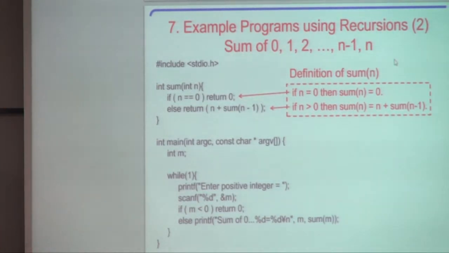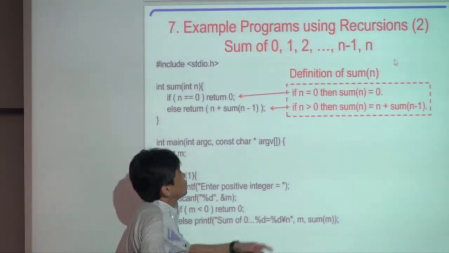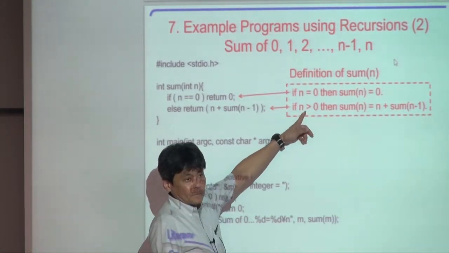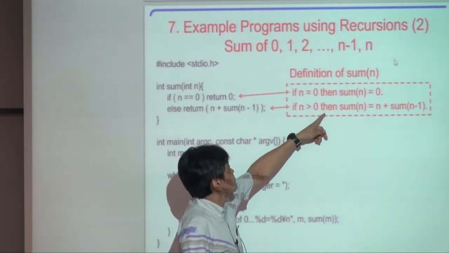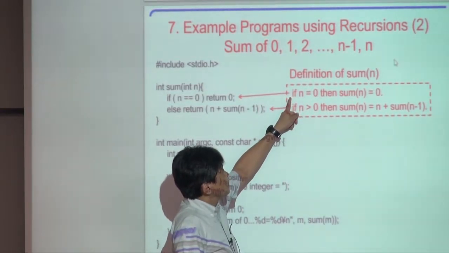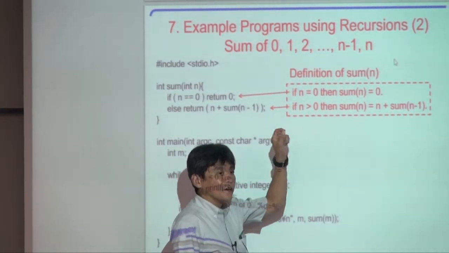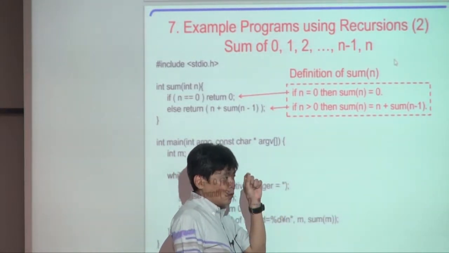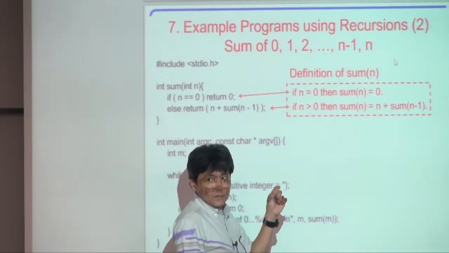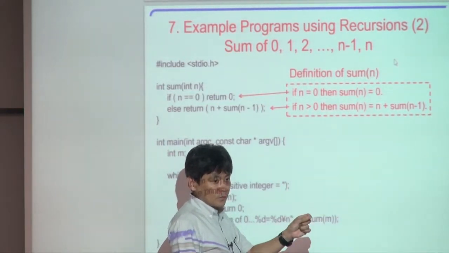In fact, the summation function sum is also defined as a recursive function. The definition of the summation of n in mathematics uses a recursive call. If you specify an integer n, the summation function calculates the total of the numbers 1 to n.